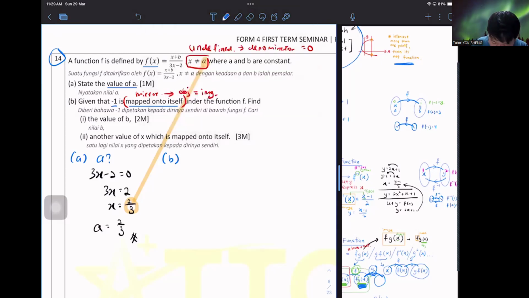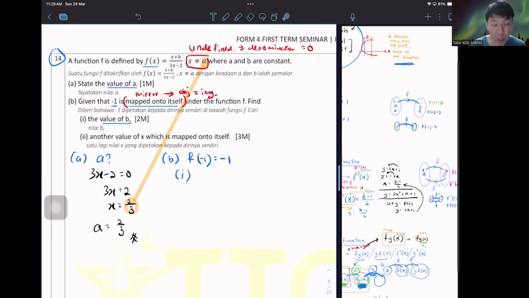So therefore, for the question B, they give you one info: object -1, image also -1. There is a meaning for this sentence. -1 is mapped onto itself. Okay, so this is all the info you have. No more idea. B1. Find the value of B only.